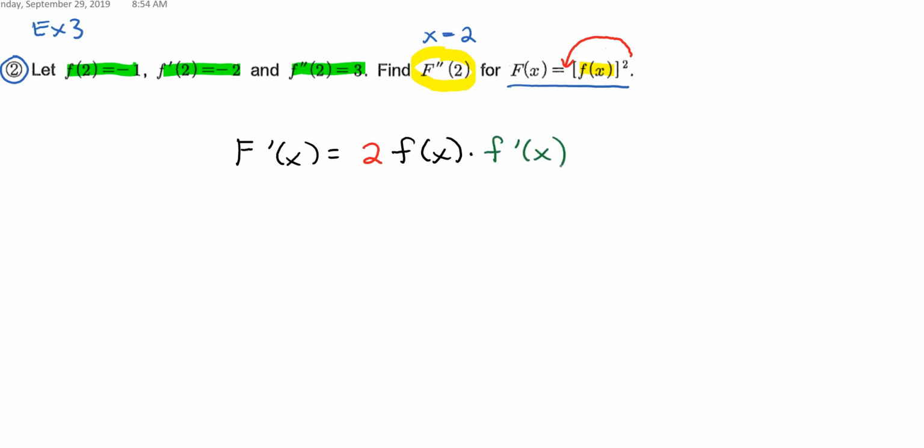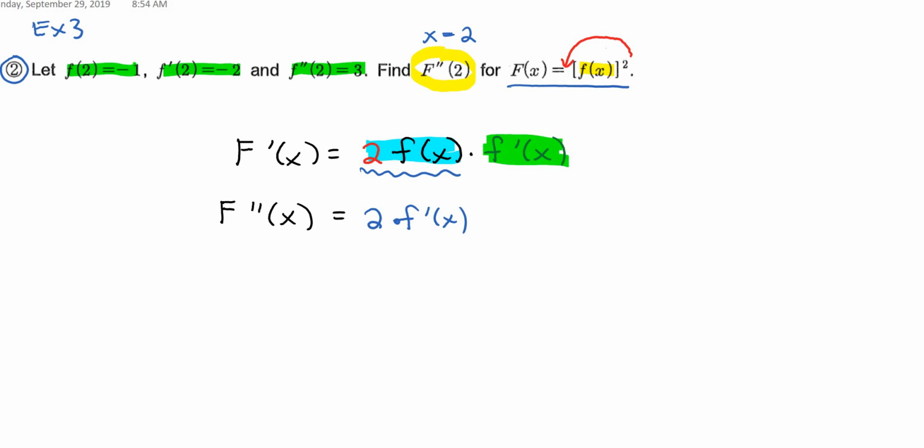So that's my first derivative, and then I can follow that up by taking my second derivative. For my second derivative, I'm basically using a product rule. This is like the first term, and this is the second term. I need to take the derivative of the first term times the second term plus the first term times the derivative of the second term. So the derivative of the first term is going to be 2 times f prime of x.